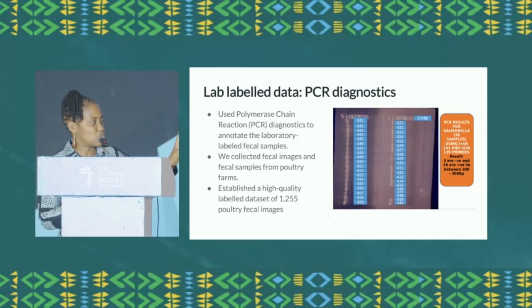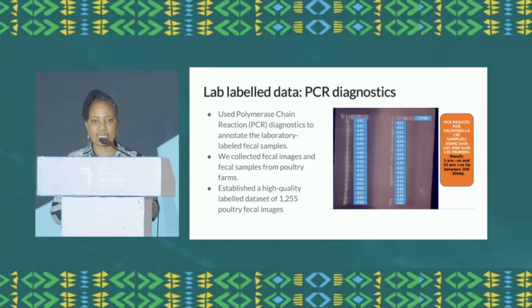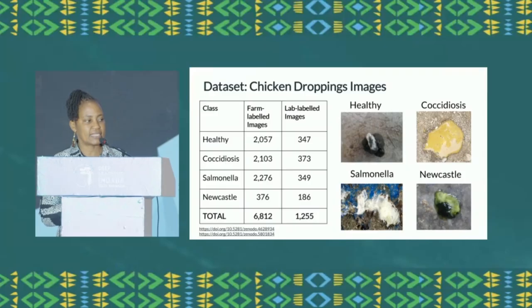We were able to establish a high-level data set of 1,255 images. This indicates that these tests are very expensive. Therefore, we were only able to establish a data set of over 1,255.